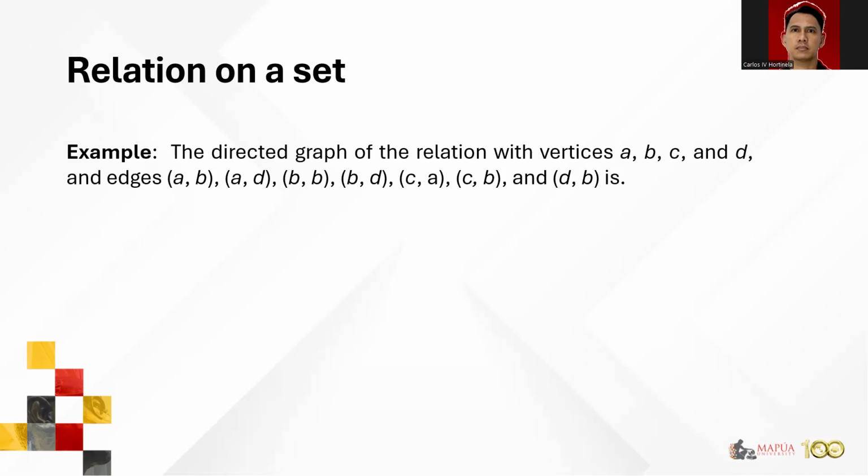This is one such example lifted from the book. I have a relation taken from set A, comprising A, B, C, and D. And my relation set comprises the following ordered pairs: AB, AD, BB, BD, CA, CB, and DB.